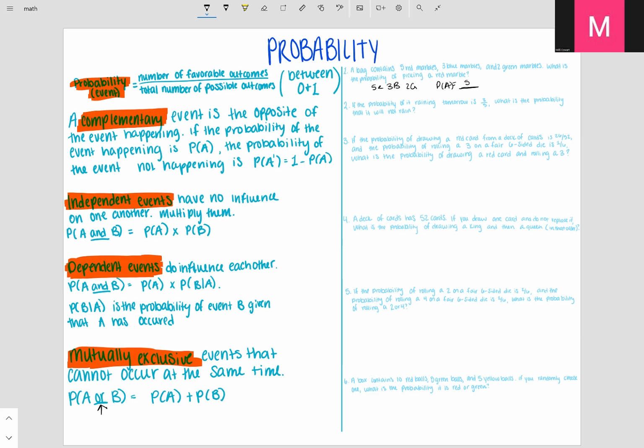So we'll say 5 plus 3 plus 2, which gives us 1/2. So the probability of drawing a red marble is 1/2.